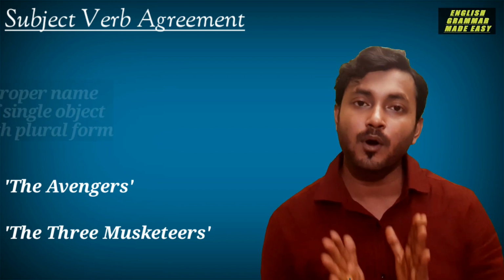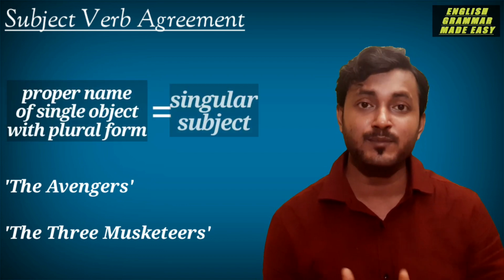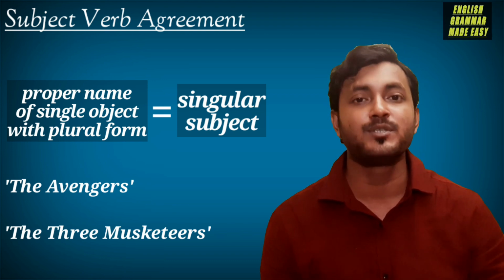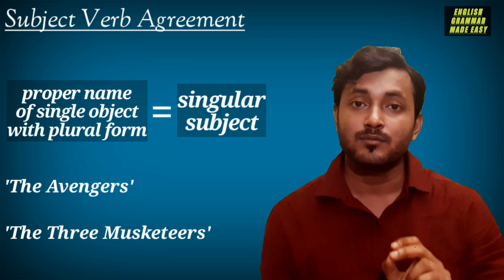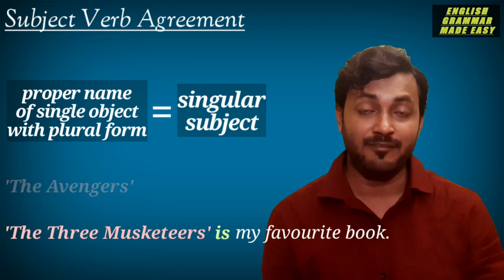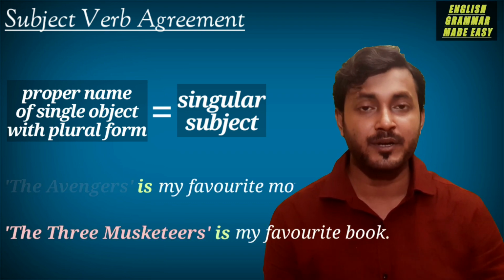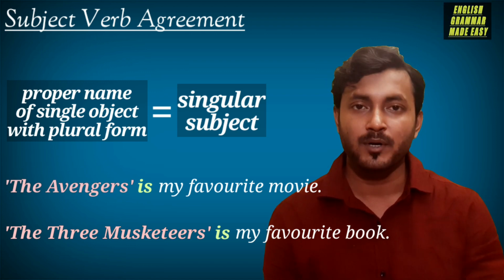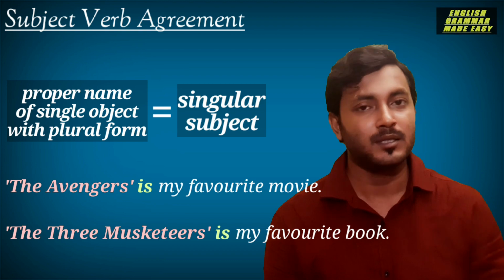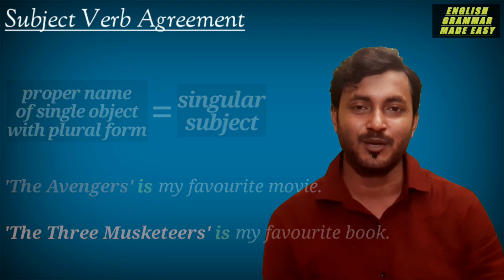Now these are proper nouns. They are names of books or movies. Though they sound plural, they will be treated as singular. Three Musketeers is my favorite book. The Avengers is my favorite movie, right? Proper nouns, singular. Though they sound plural, they will still be treated as singular.